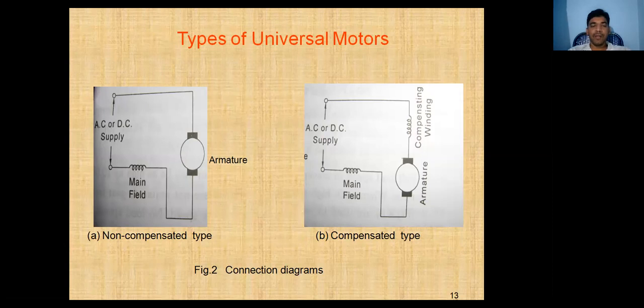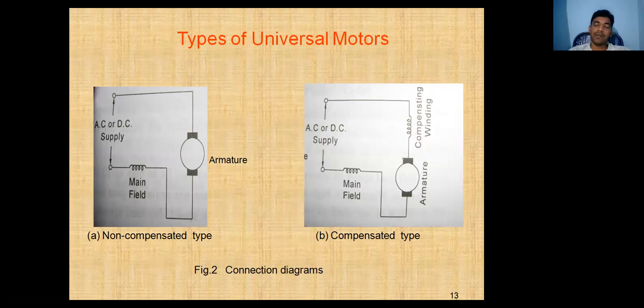In non-compensated type, the entire field winding is only at one place. But in compensated type, we have compensating winding and also field winding, so distributed field winding is there.